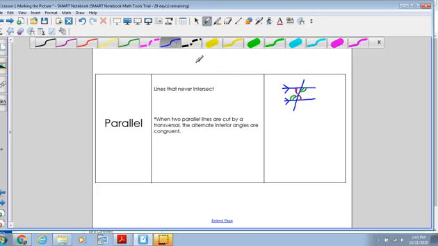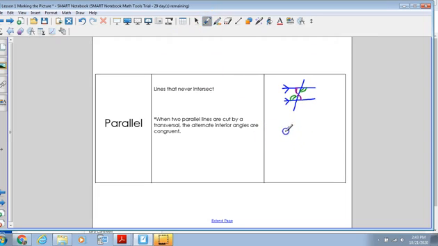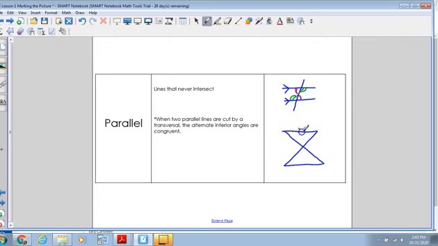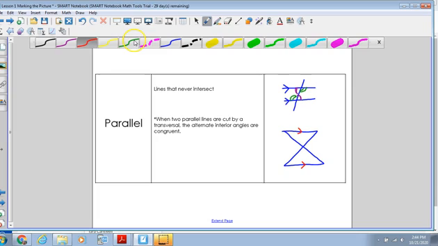When we're talking about triangles, we would most likely see something that looked kind of like this. And if we were told that our lines are parallel, I'm going to put a little symbol on there for parallel, then we would know that certain of these angles are congruent.